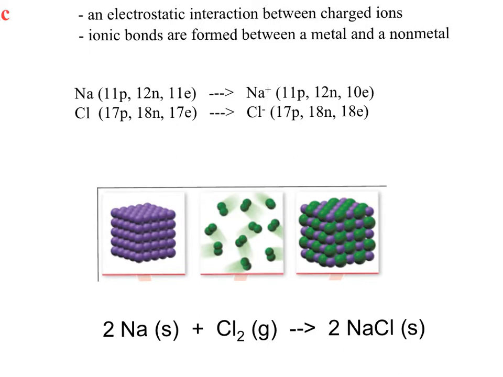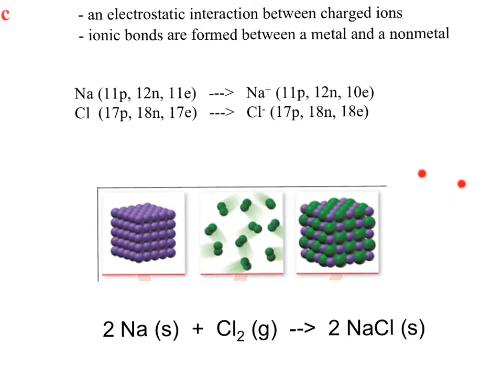So actually the electron that's lost from sodium ends up being picked up by the chlorine. So then you have 18 electrons for chloride. You've got 17 positive and 18 negative, and so you can see that there's 1 extra negative, and that's why the ion is negatively charged.